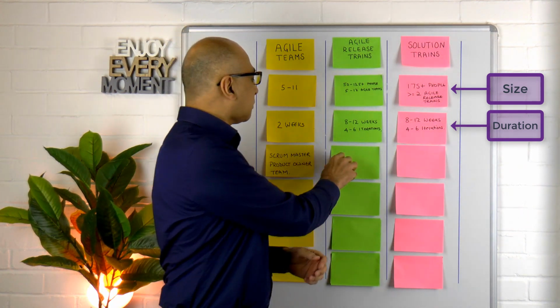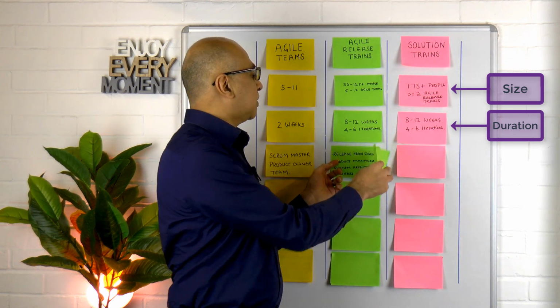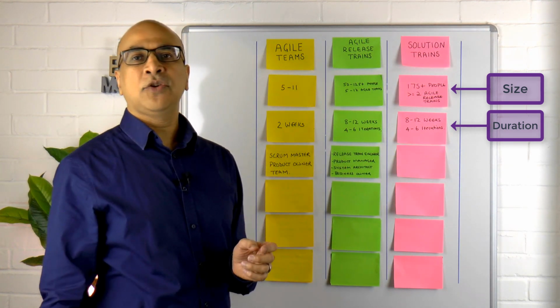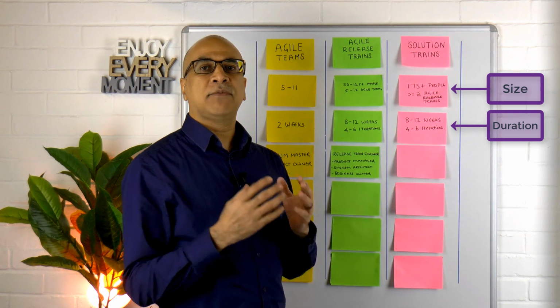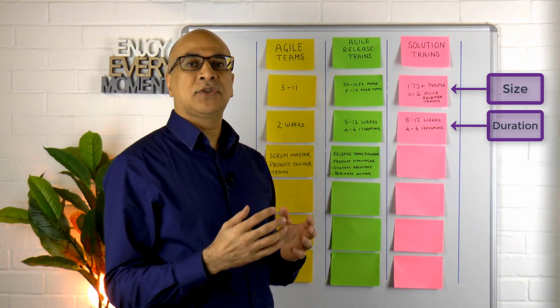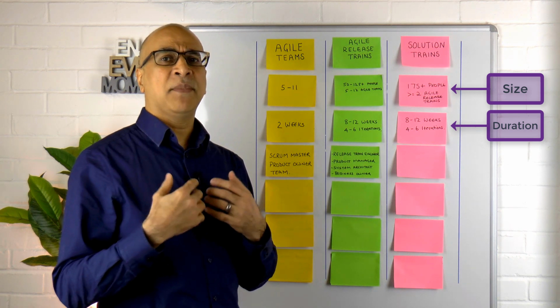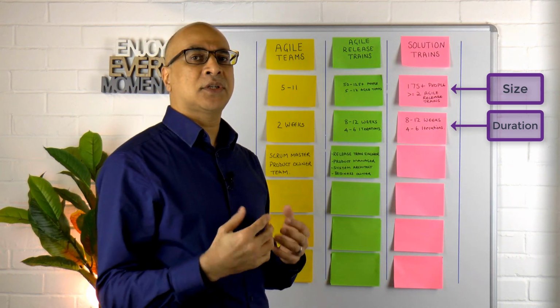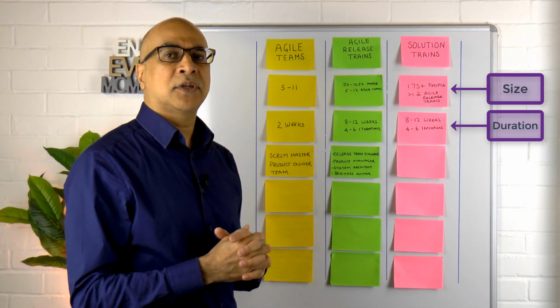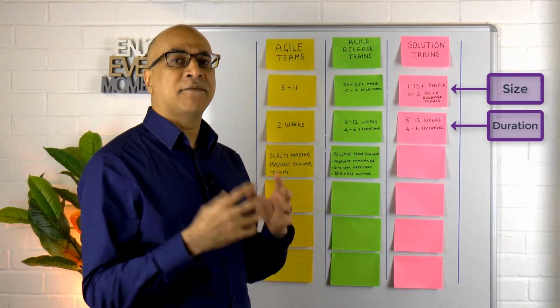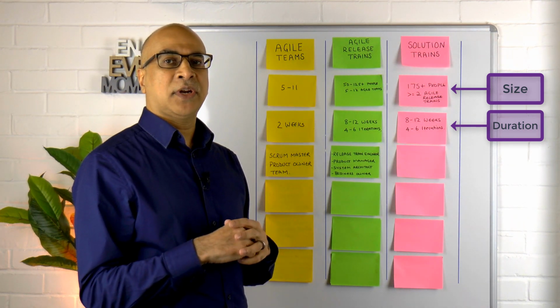Okay, how does that compare to an Agile Release Train? Well, you've got somebody called a Release Train Engineer. You could think of them as a chief Scrum Master. So many of these Scrum Masters are supported, guided, and facilitated by the Release Train Engineer.